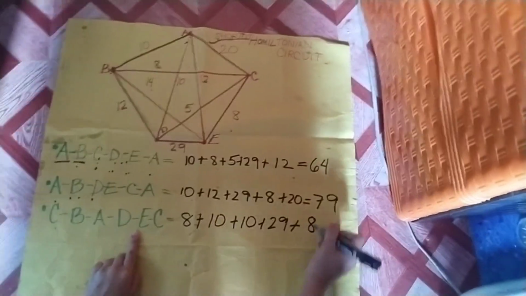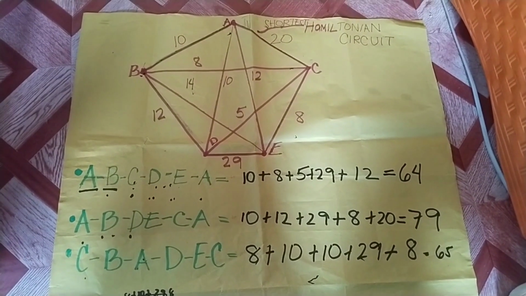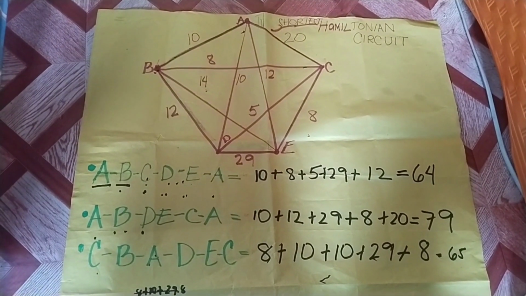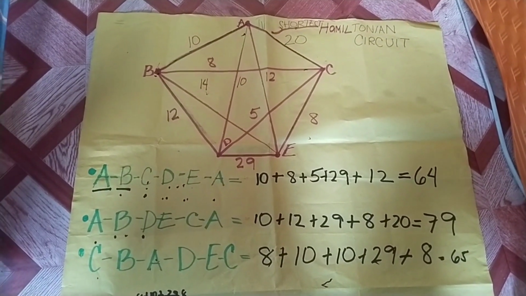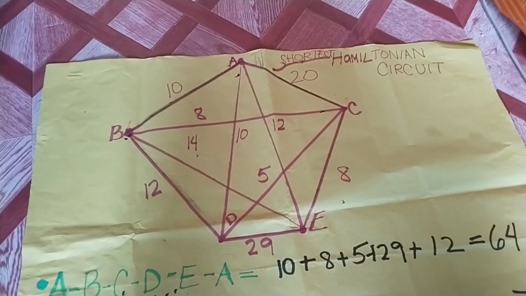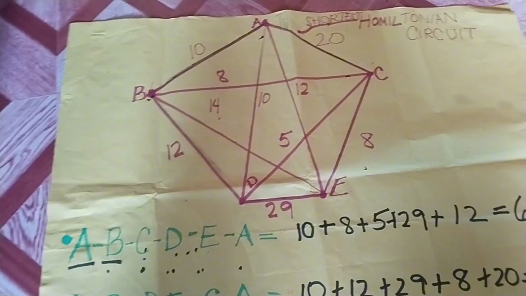And C to E, and E to C equals 8. To find the shortest Hamiltonian circuit out of this figure, we will use the greedy algorithm.